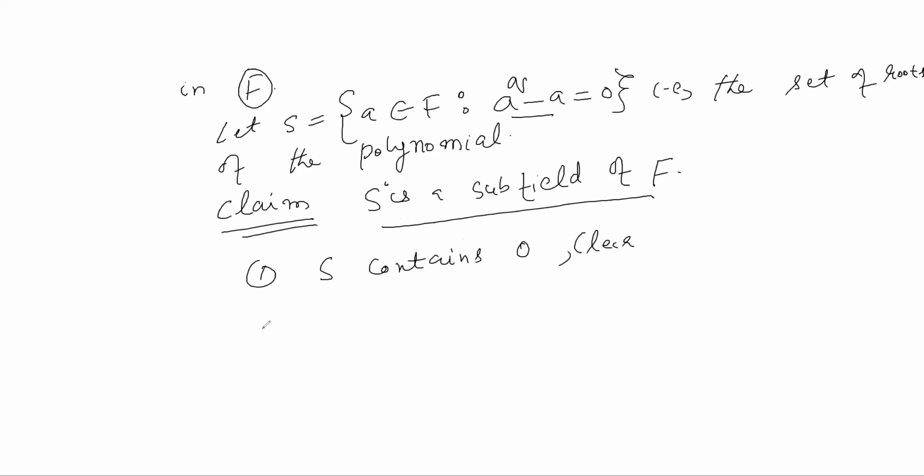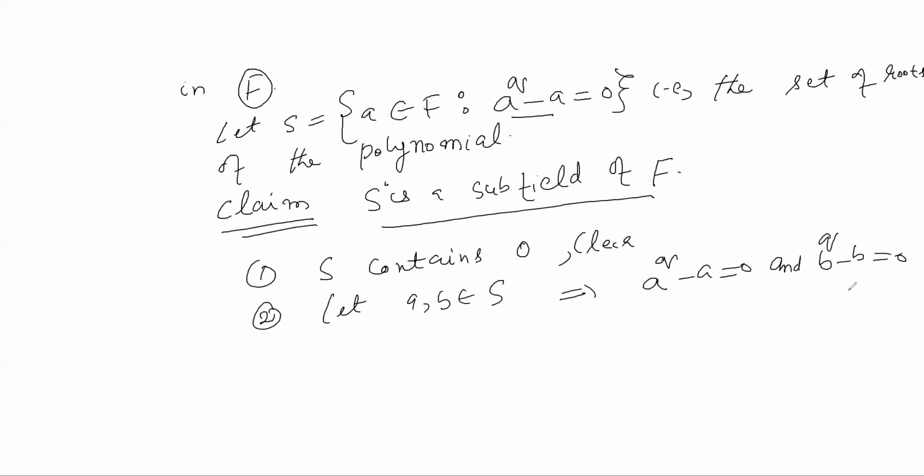Number 2, choose any a and b in S. Then this means a raised to power q minus a is 0 and b raised to power q minus b is 0. So we have to take the difference and show that it is also 0.